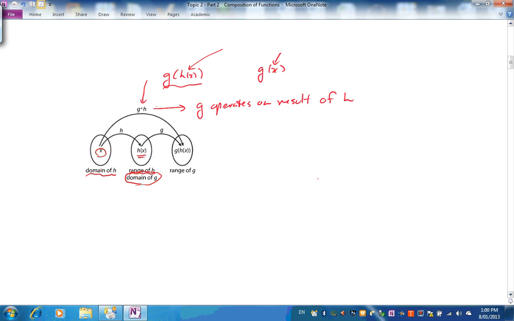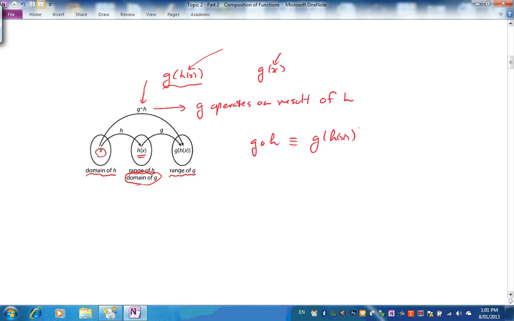So we're getting a little bit of a flow on here. The result of one, the range of one, must lie in the domain of the other if you're going to have a final answer for your g operated on h function, which is equivalent to g done on h of x.